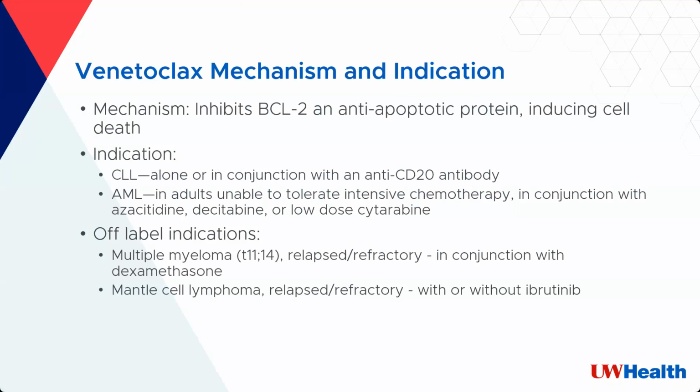And then in AML, for patients who are unable to tolerate intensive chemo, you can use it in conjunction with azacitidine, decitabine, or low-dose cytarabine. We commonly do see these off-label as well. Common indications there would be your multiple myeloma patients with translocation 11;14 in the relapse refractory setting, or relapse refractory mantle cell lymphoma.